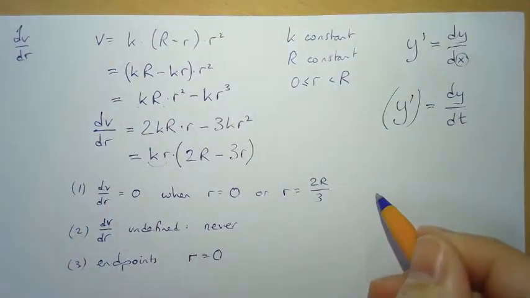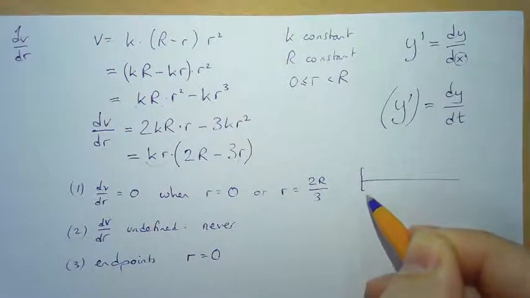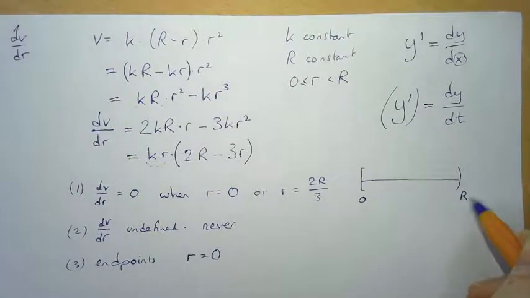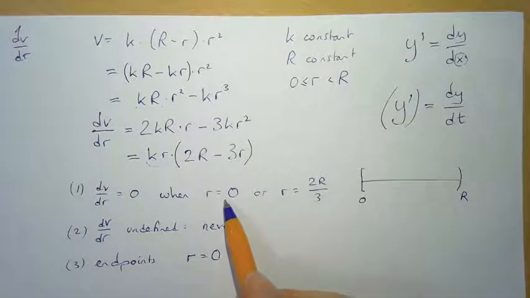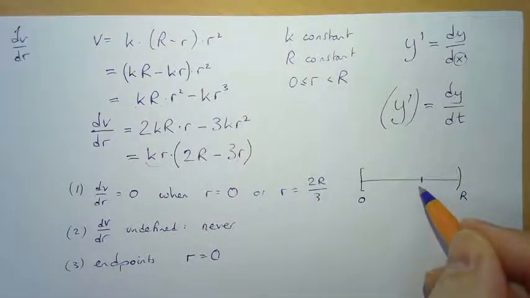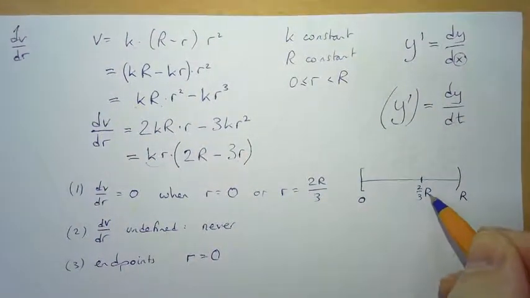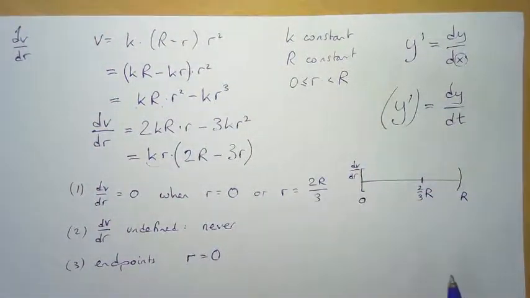Let's make a number line. We have an endpoint on the left. We have an open interval on the right. And r equals 0, r equals 2/3 capital R. And now I'm interested in finding the sign of dv/dr.